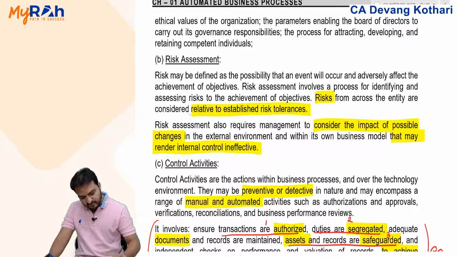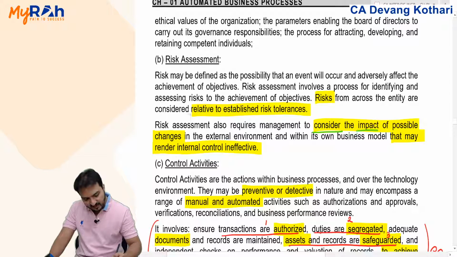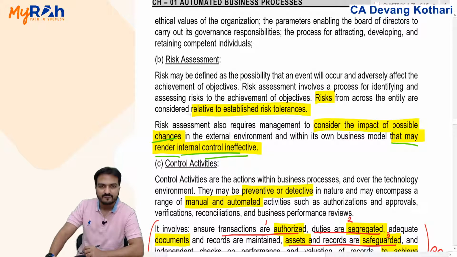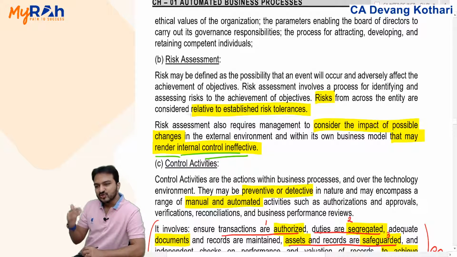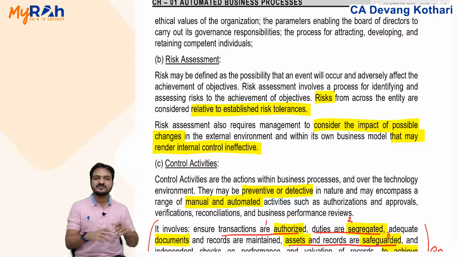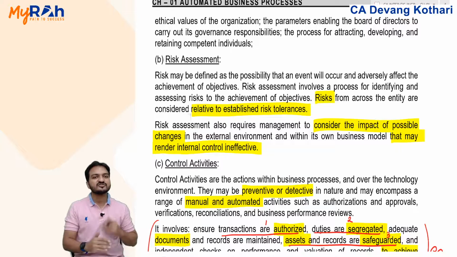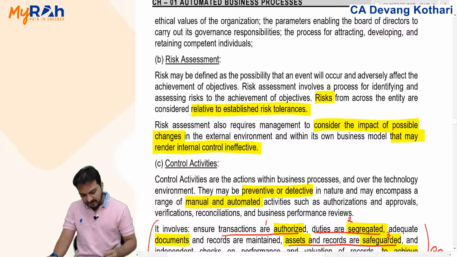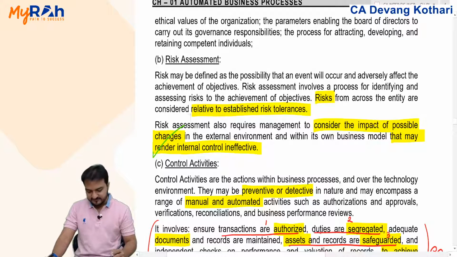Risk assessment also requires management to consider the impact of possible changes that may render the internal control ineffective. You also study what changes or external events might cause my internal controls to go ineffective. That also you study here, that is risk assessment.